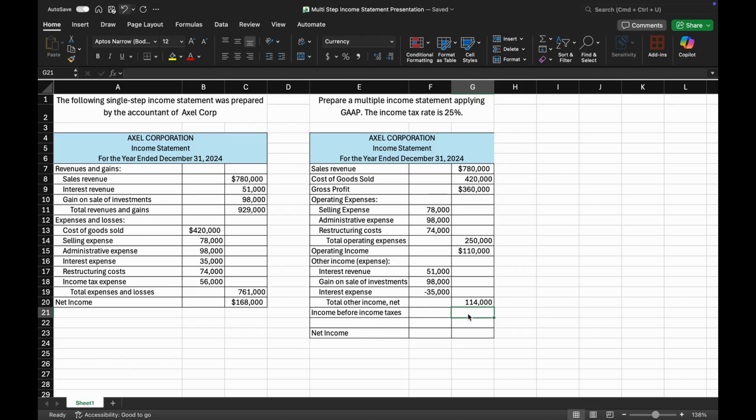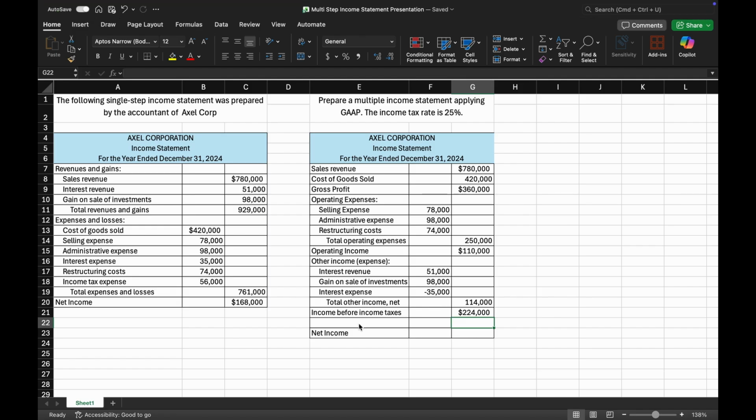To find the income before income taxes, all you need to do is add the operating income to the total other income. And for us, that's just $110,000 plus $114,000, which comes out to $224,000 for the income before income taxes.